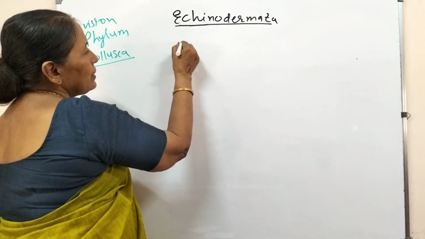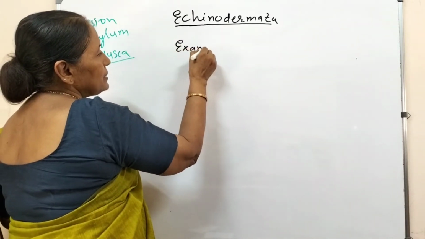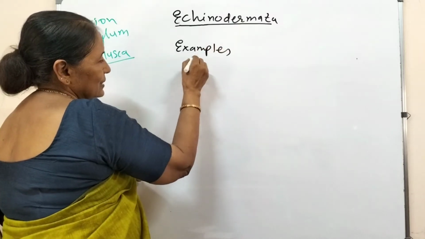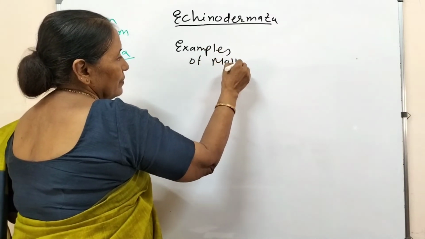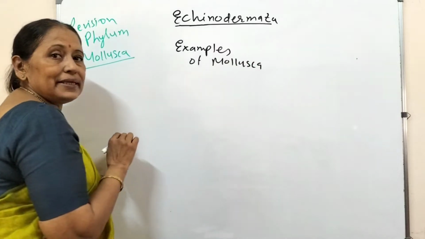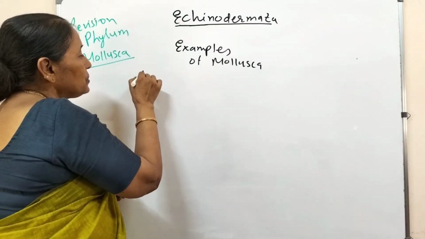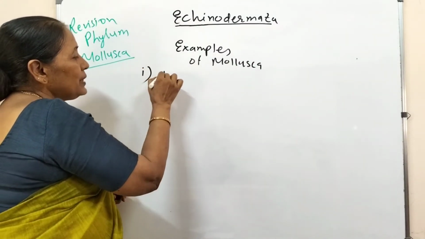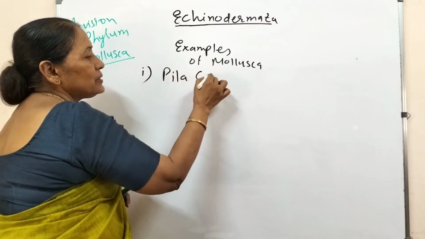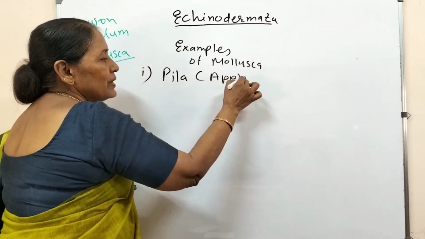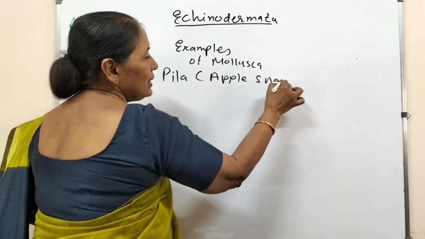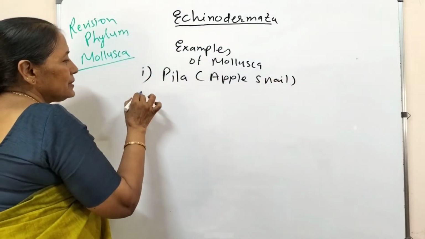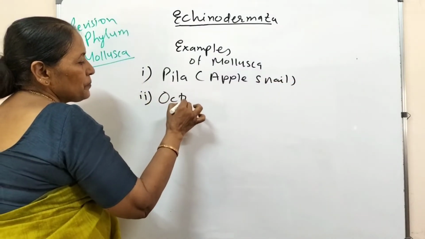Now, let us see the different examples of mollusca. There are 8 in number. You have to remember all of them. One is Pila. Pila is called apple snail. Then octopus.